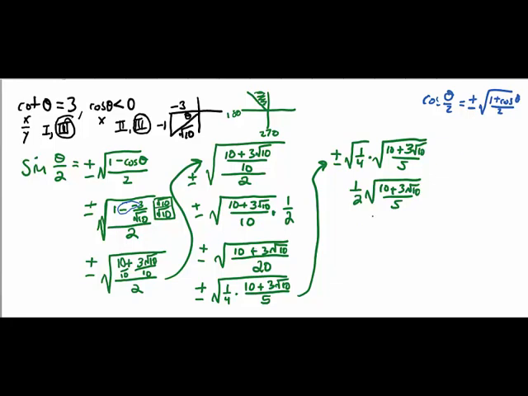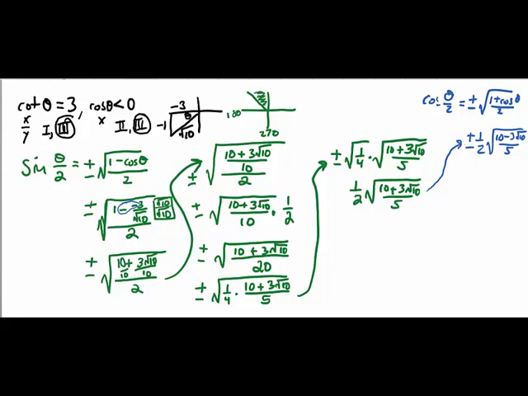So in fact, I can just take this answer and bring it over here as plus or minus 1/2, and the entire answer here, which is going to be the square root of 10 minus 3 square roots of 10 divided by 5. Now, we have to figure out what our answer is going to be there. Is it going to be a plus or is it going to be a minus?